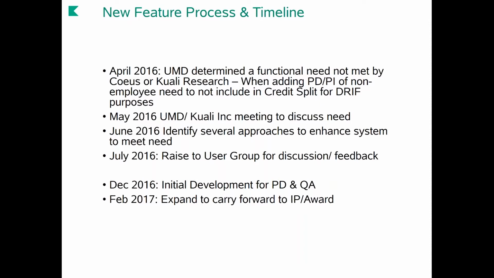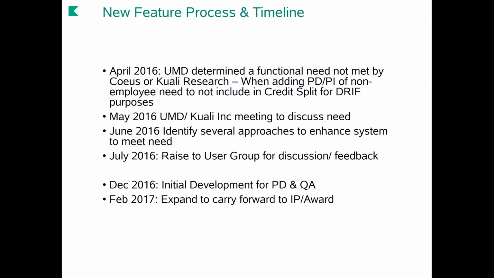Fortunately, the University of Maryland began their survey of the landscape rather early on. As of April 2016, not long after Steve joined Maryland, they identified a functional gap, not between COEUS and Kuali Research, but in general.